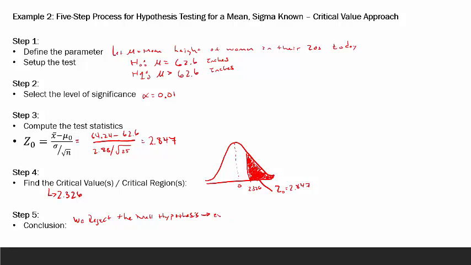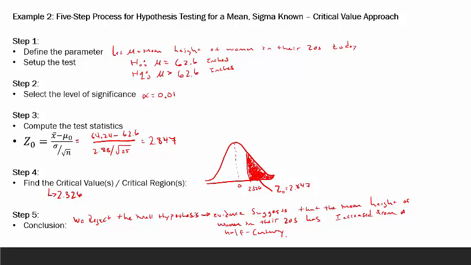And what's going on here is the evidence suggests that the mean height of women in their 20s has increased from a half century ago. Okay, so for whatever reason, it looks like women are getting taller from 50 years ago. And this is on average.